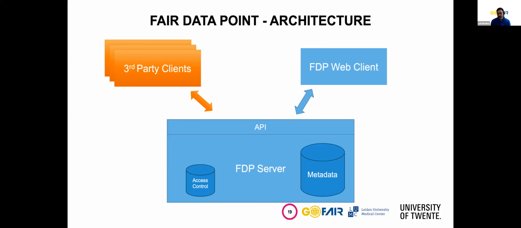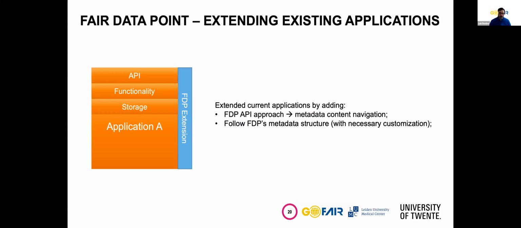And to facilitate the use of the FAIR Point once it's installed, we created our own web client. It's just one of the possible clients that can be connected to a FAIR Point, but we also have a reference implementation for this web client, and I'm going to show you how this looks.